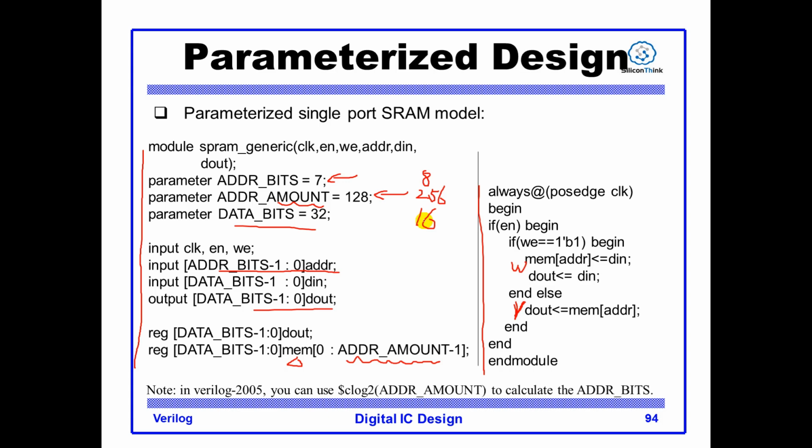Then you will get a 16-bit wide RAM with a depth of 256. You can also change it so that it becomes a single port RAM of 64-bit width with 1024 depth.